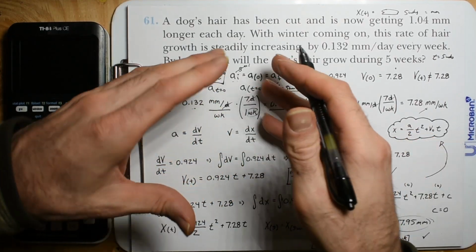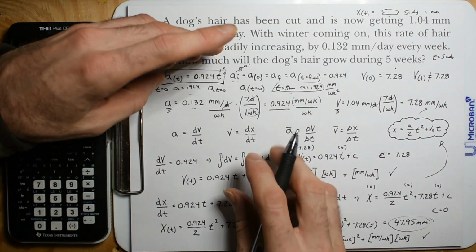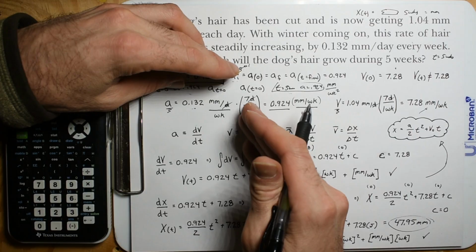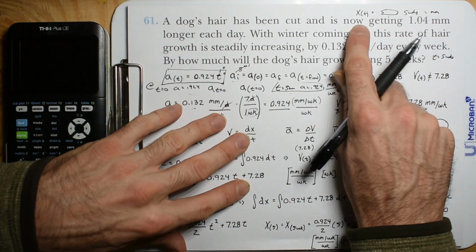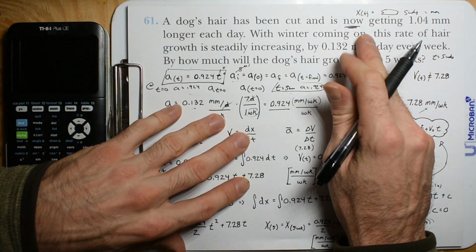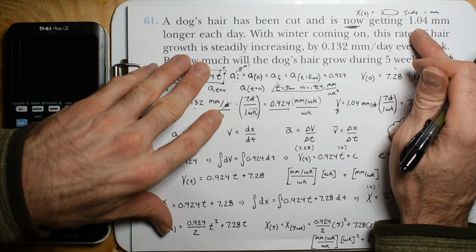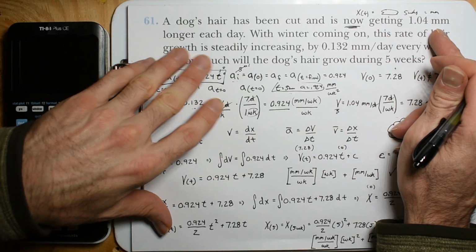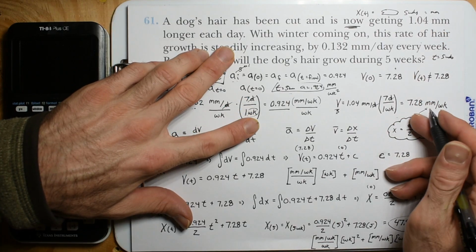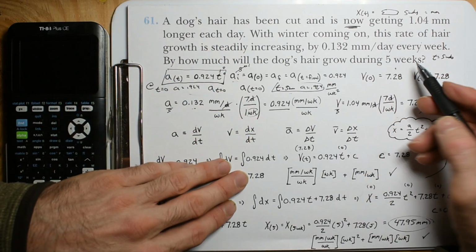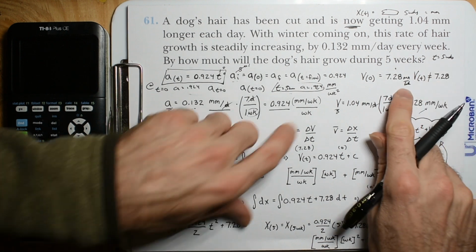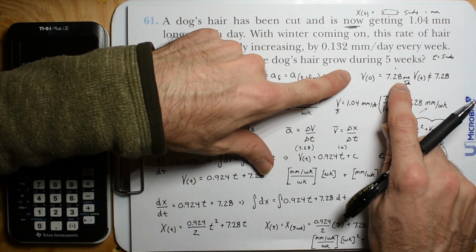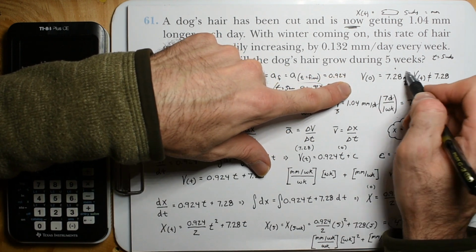I go over that in the main video as well, just briefly. But now let's go over here to what is not an equation. Here it says, and especially the word now, right now our velocity is 1.04 millimeters per day. And so we changed that to 7.28 millimeters per week. But this is our initial value of velocity.